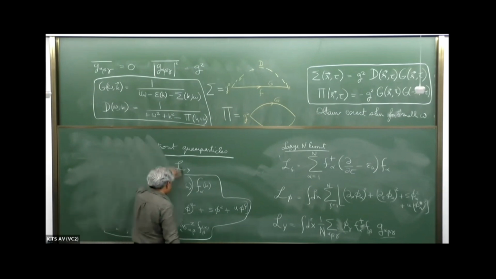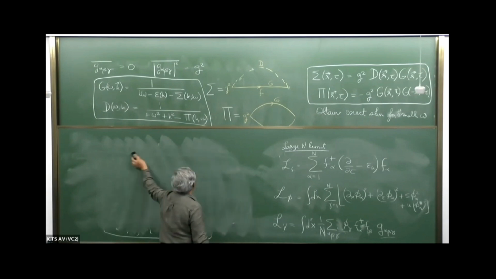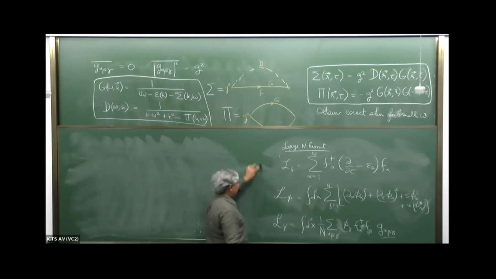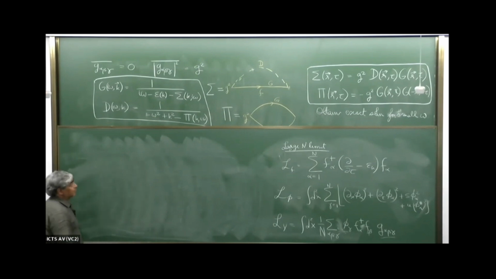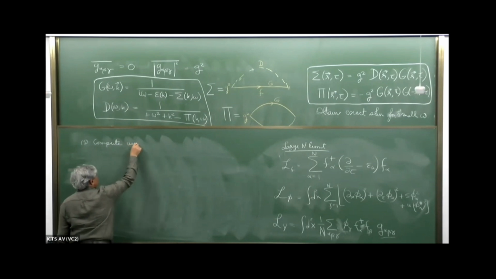So that's an old-fashioned calculation in every textbook of condensed matter physics, but I'll do it in a slightly different way that will highlight some very important features. Okay, so we're just going to compute pi. Step 1 would be to compute pi using G naught.